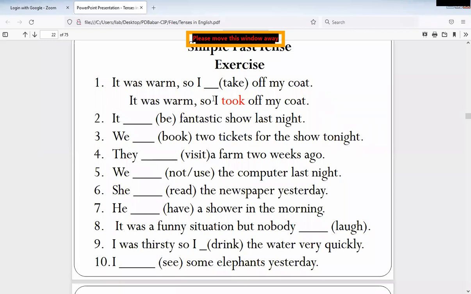What form of take will we use here? We will use the past form of take.